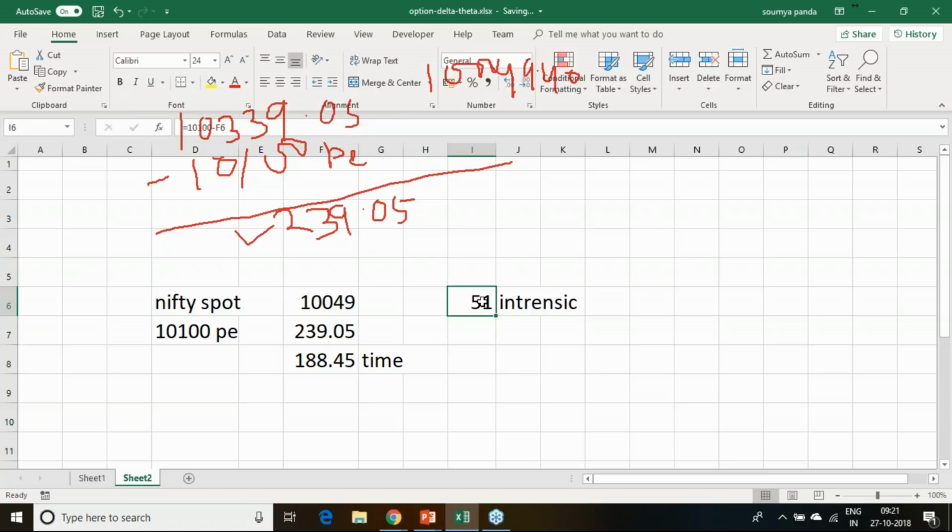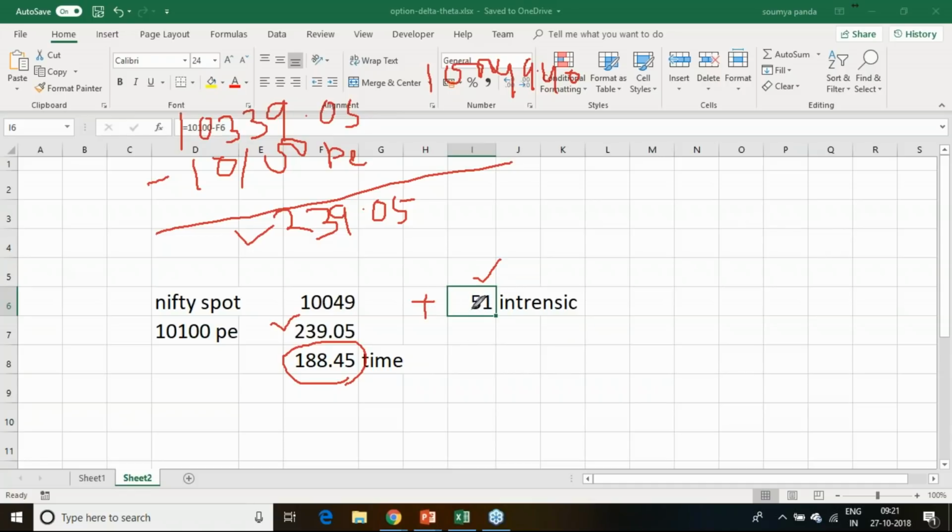Intrinsic is 51, and you have 239 rupees as a premium. Out of this 239 rupees, 51 rupees is the intrinsic value, and 188 rupees and 45 paisa is the time value. So this is for an in the money option because it has a positive intrinsic value.